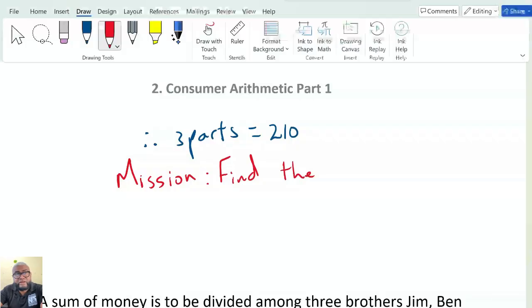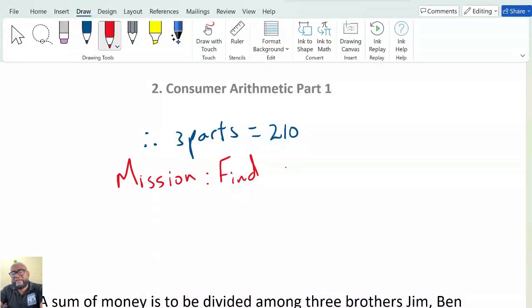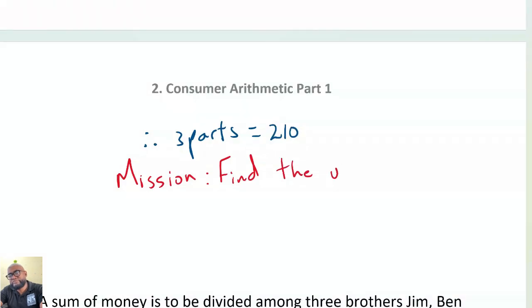Find the value of one part. Once we find one part, we could find the value of two parts, three parts, we could find anything. Find the value of one part.